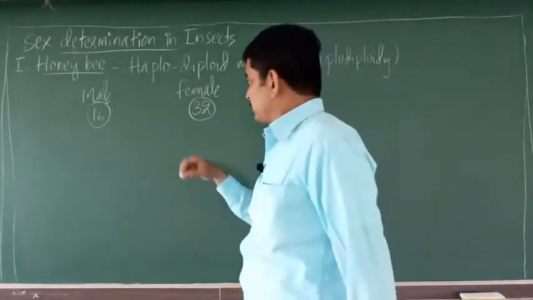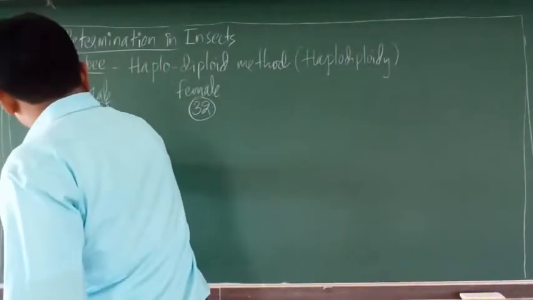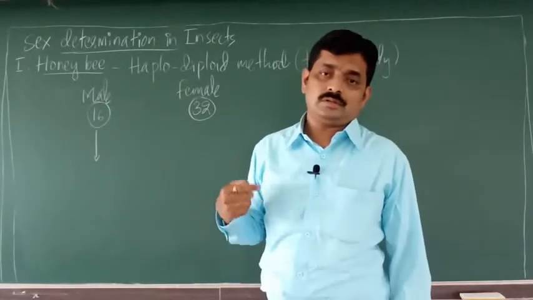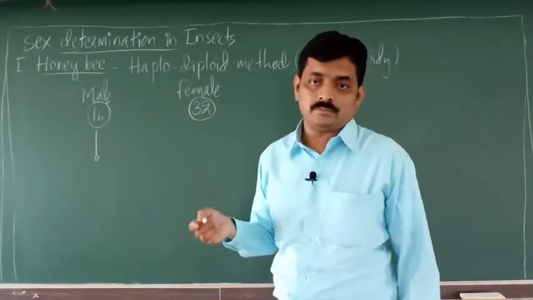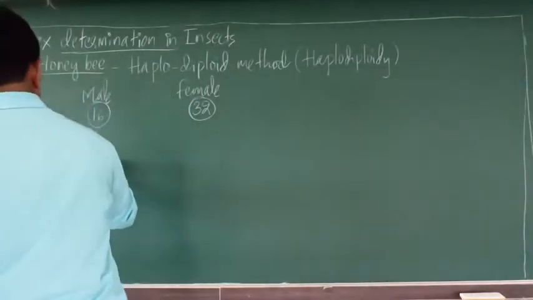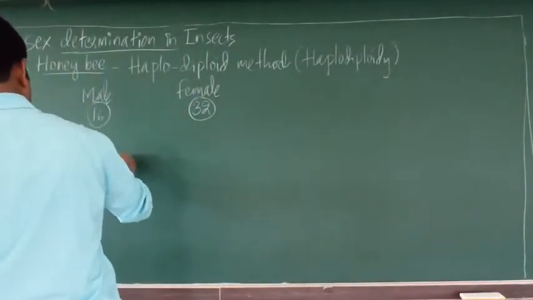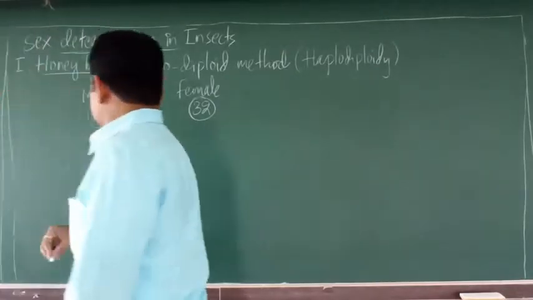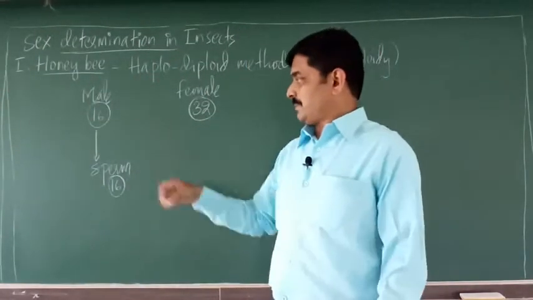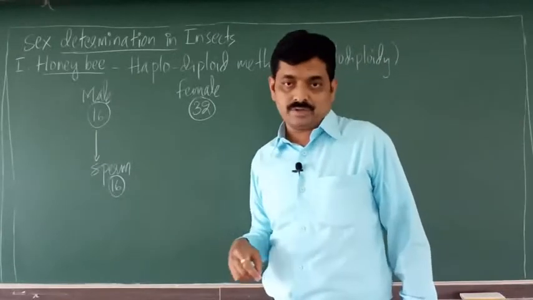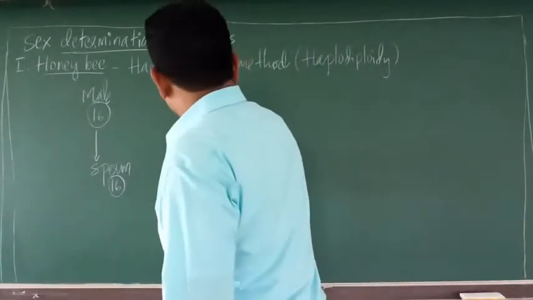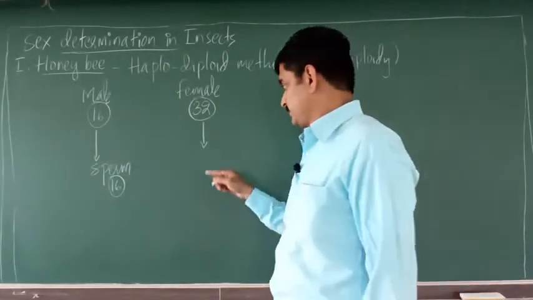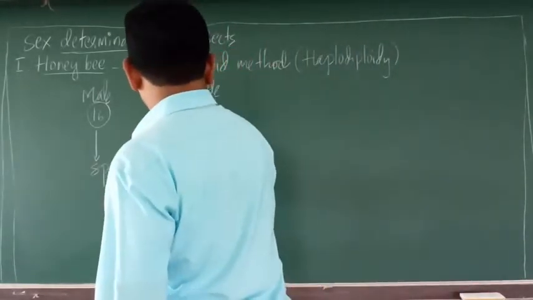Now, the male honeybee produces male gametes or sperms. The sperms produced by the male honeybee are haploid.